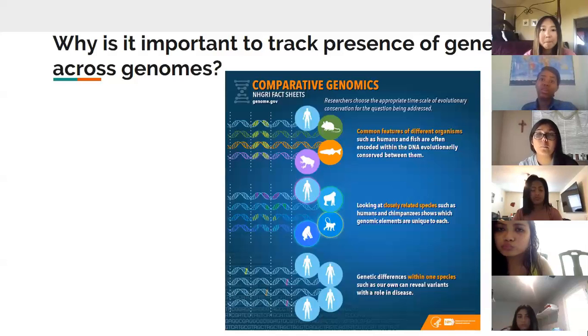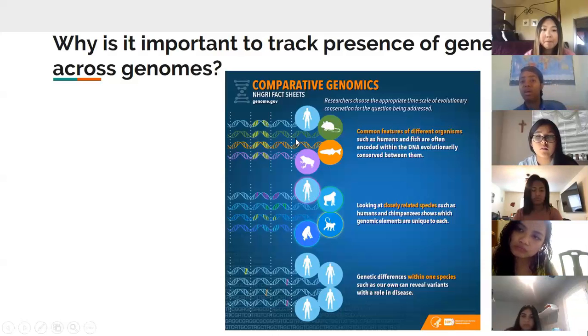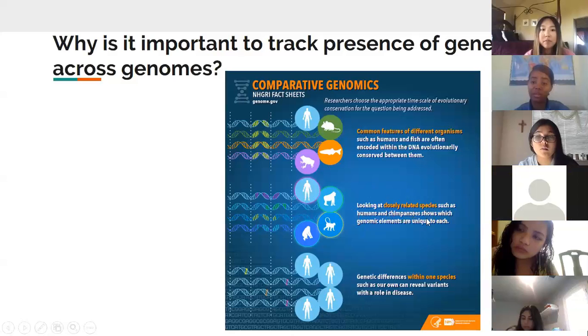Now, why is it important to track the presence of genes across genomes? We can ask a lot of different questions. For example, common features of different organisms. Sometimes people look at things like genomic elements, right? Elements within the genome, and then also variants, right?